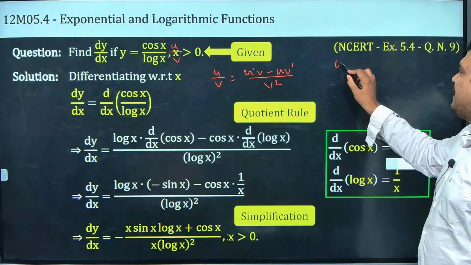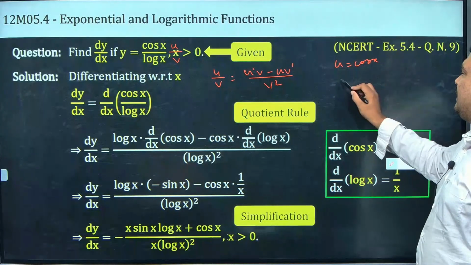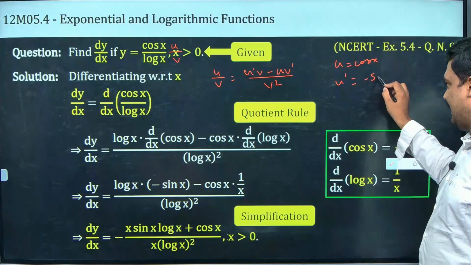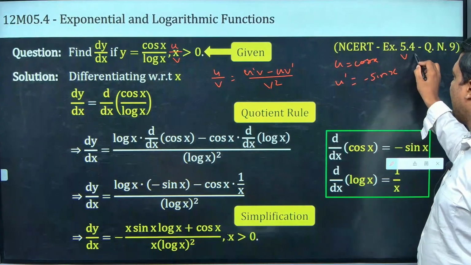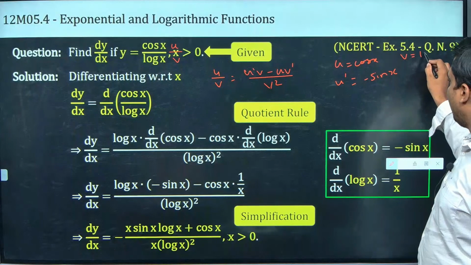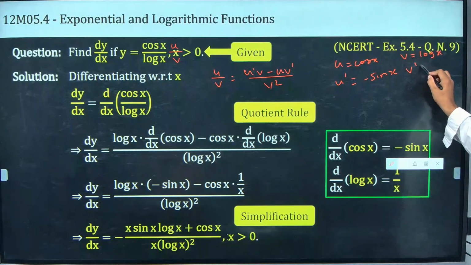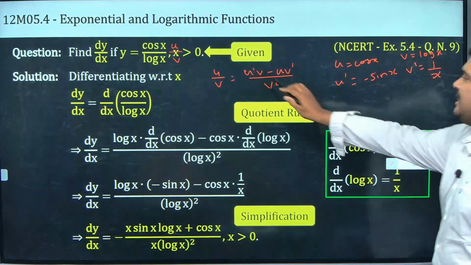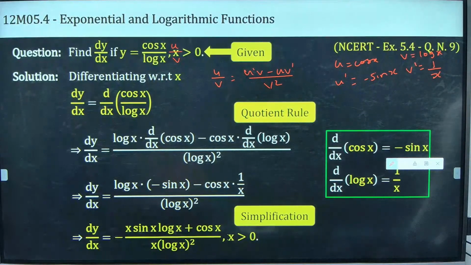Now what is my u? u is cos x. What is my u dash? Minus sin x. v is equal to log x. v dash is equal to 1 by x. Now just substitute here, take LCM, take the quotients, it will come. Are you getting? Yes sir. Thank you.